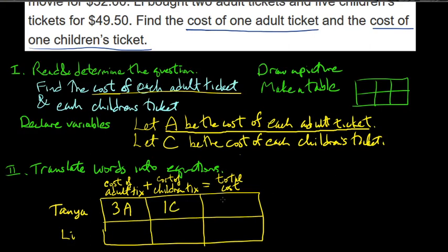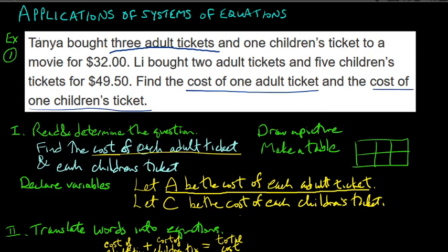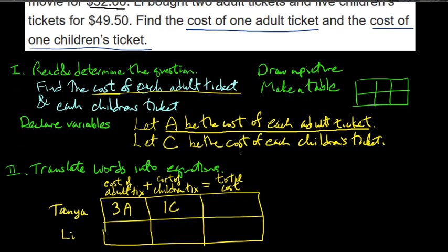Right? So when you add all these up, you get 3A. Well, here, let's do that later. The total cost for all 4 tickets was $32, right? So that's the total. So that's 32. Okay, so far?